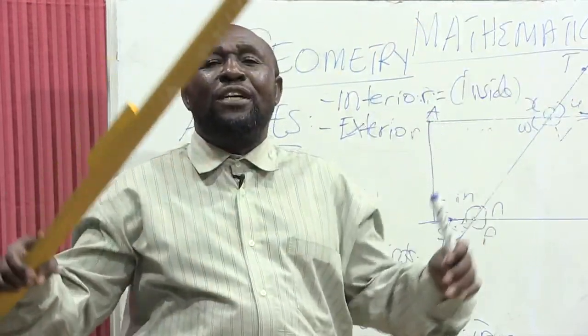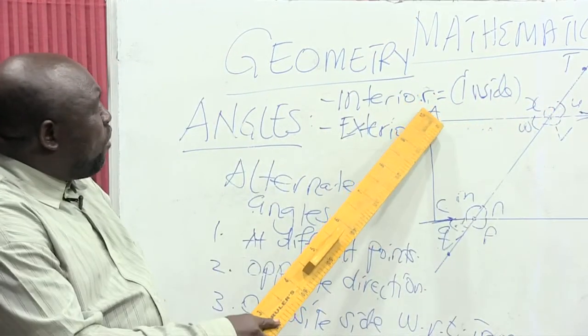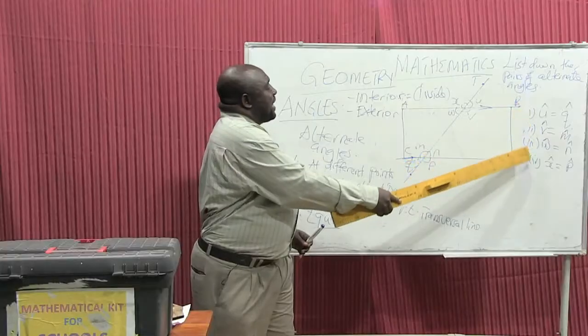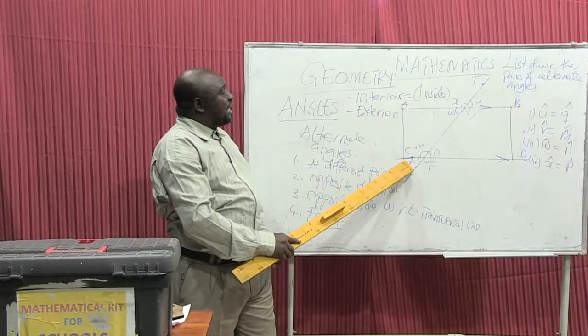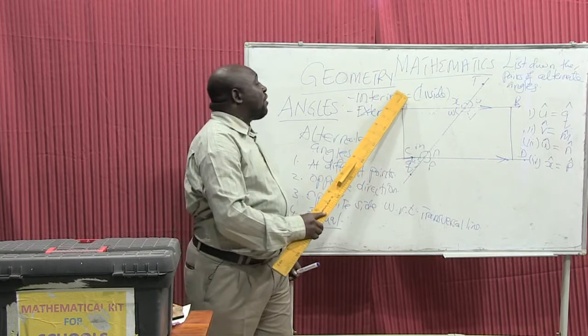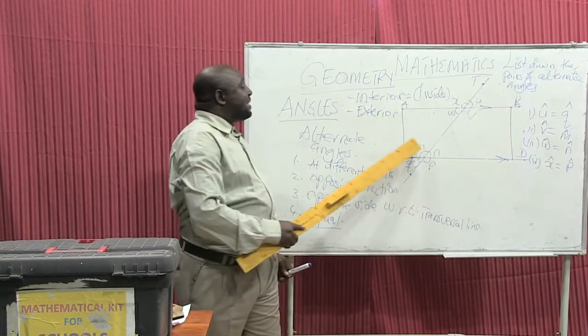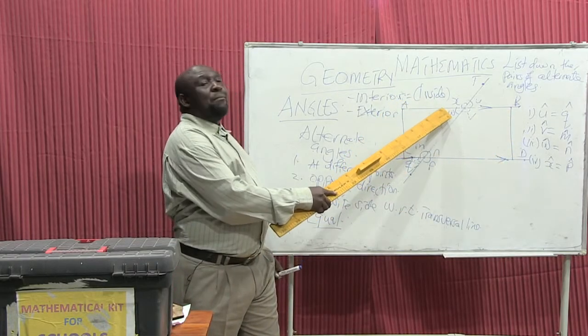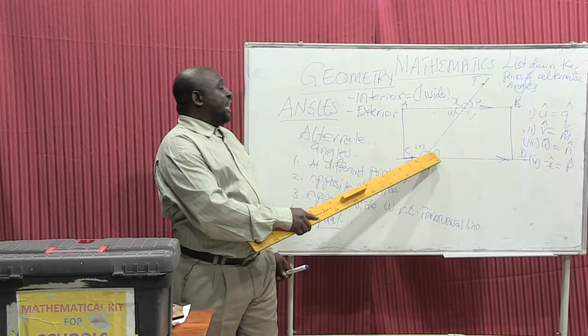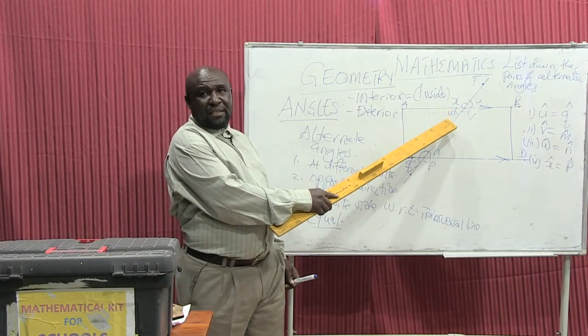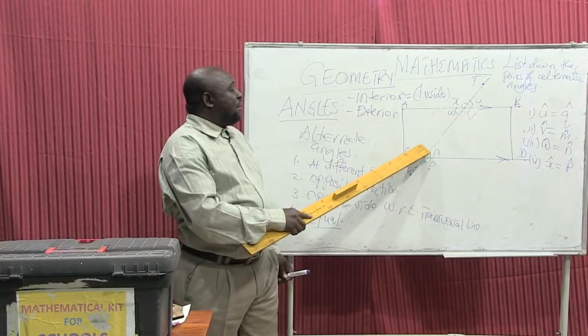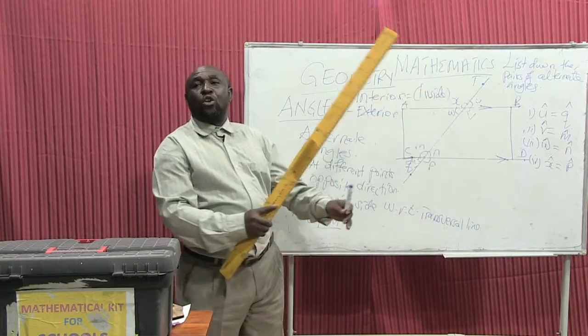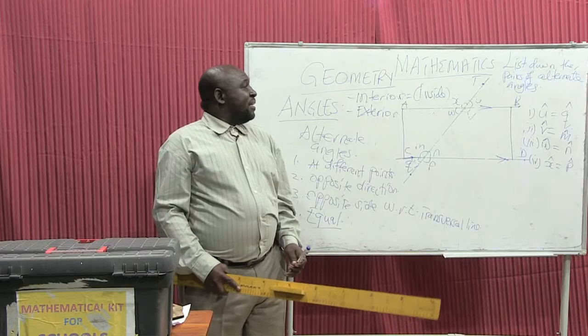The concept of interior: when we close this figure here, BD, AC, we get a rectangle ABDC. Now angle W, angle N, they are inside. V and the M are also inside but alternating.